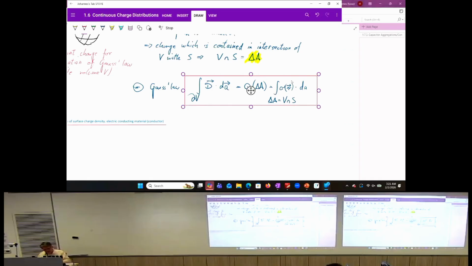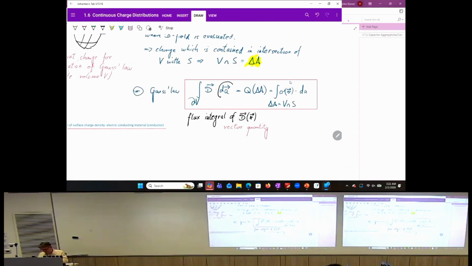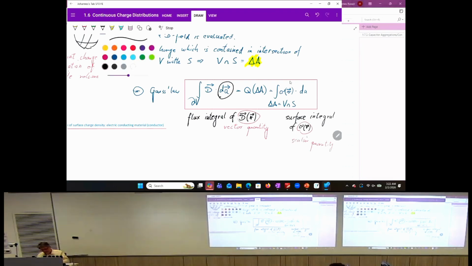So on the left-hand side, you have the flux integral, and this is a vector quantity. While on the right-hand side, you have a surface integral, and this is a scalar quantity.